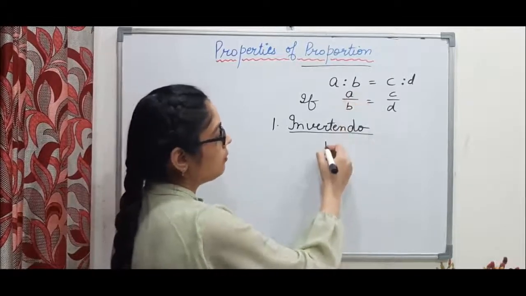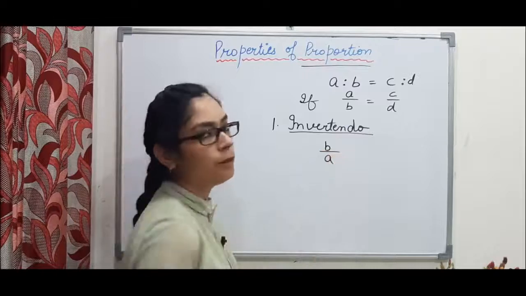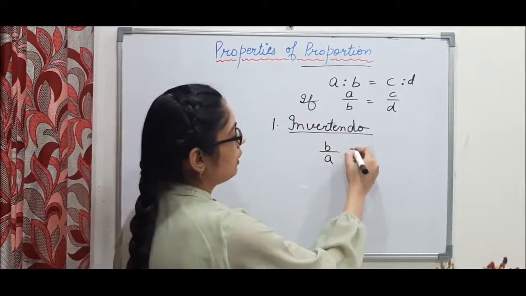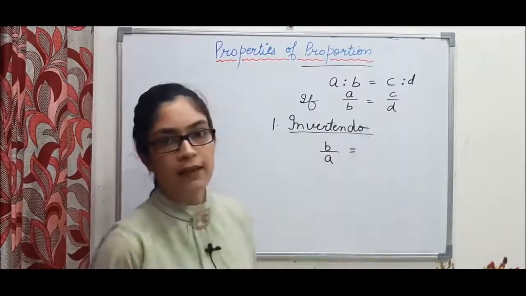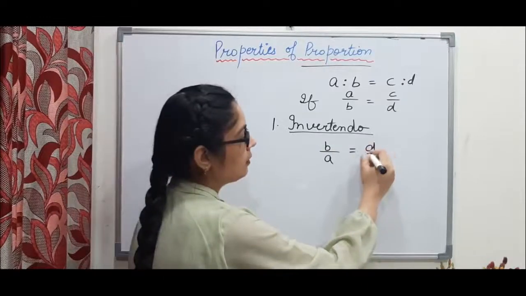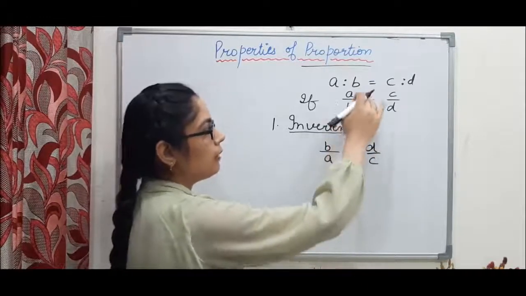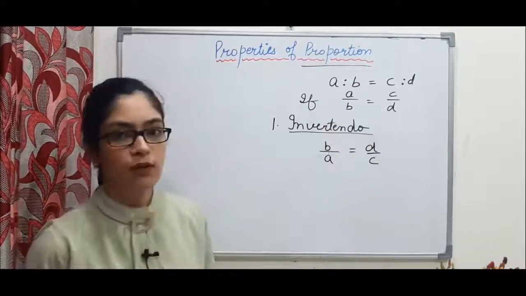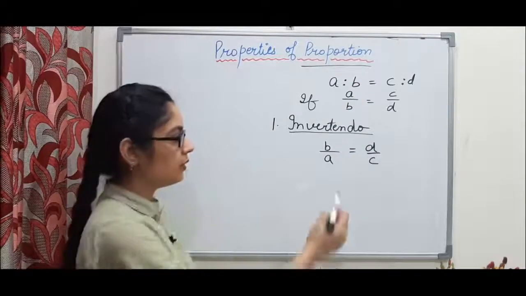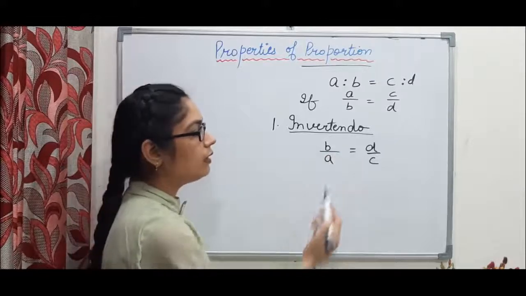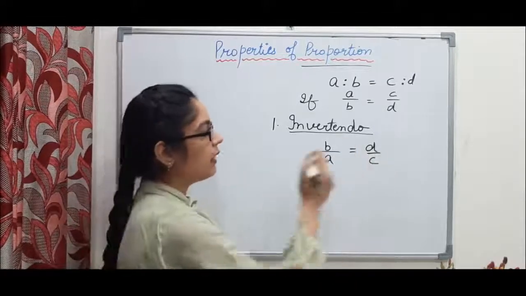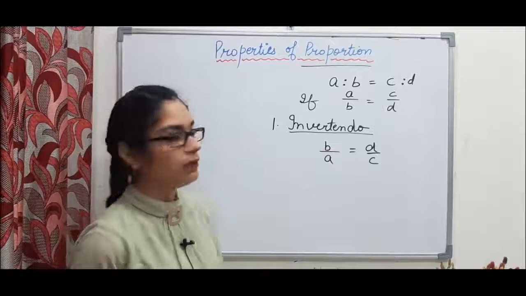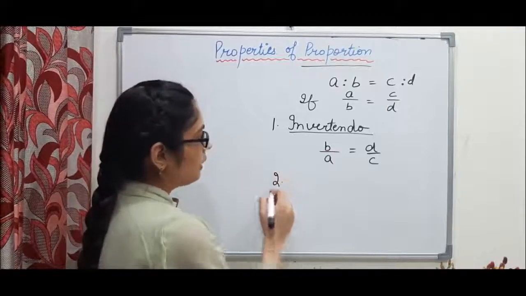So the reciprocal of A by B will become B by A. The reciprocal of C by D is D by C. So if A by B is equal to C by D, then B by A is equal to D by C, and this property is invertendo. Let's do the second property.